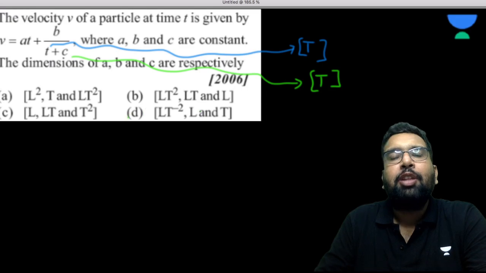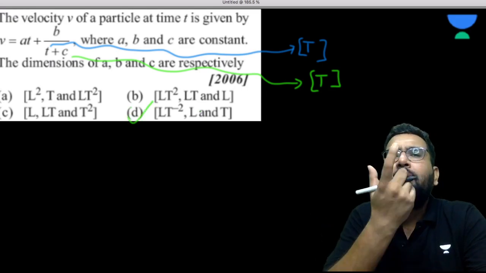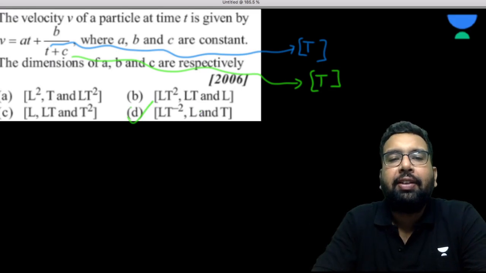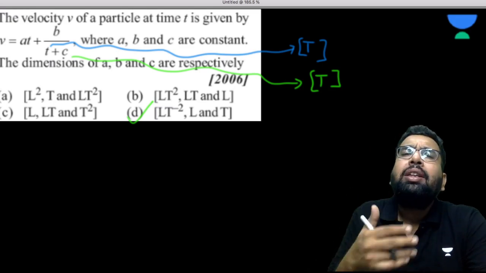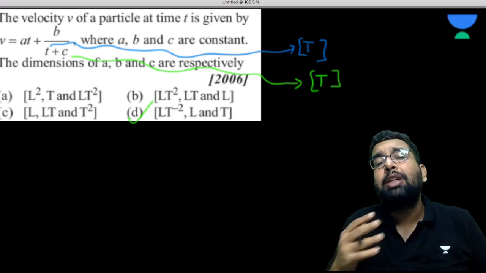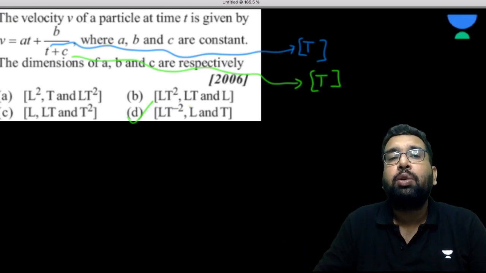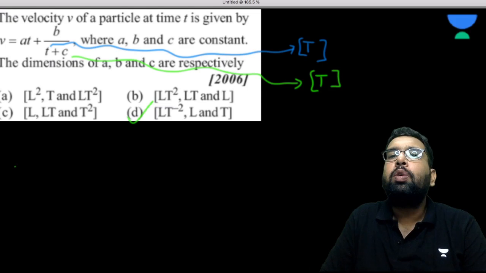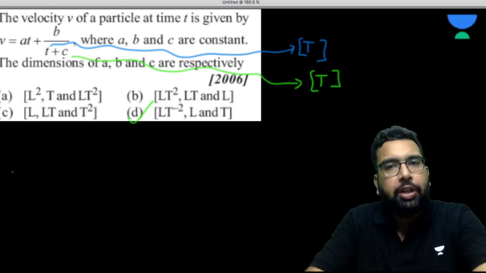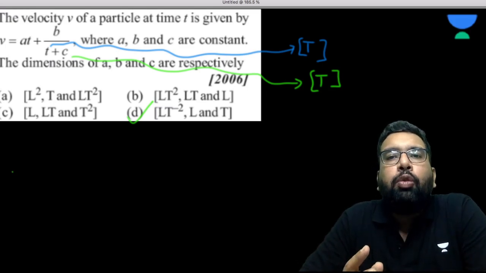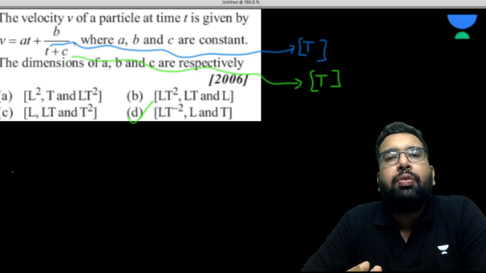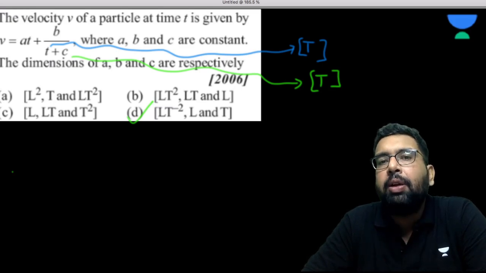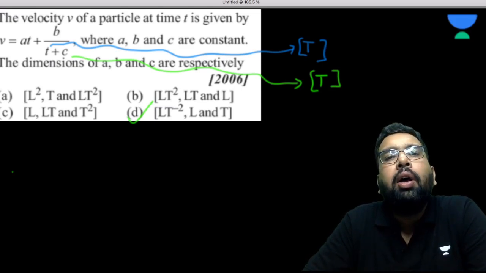Now, without doing anything, within 30 seconds you can solve this question and straight away answer that the answer is D. But for the sake of solving, if you want to find the dimensions of each of A, B, and C, C is already found. From the principle of dimensional homogeneity, for any equation, the dimension of the terms on the left hand side shall be equal to the dimension of the terms on the right hand side.